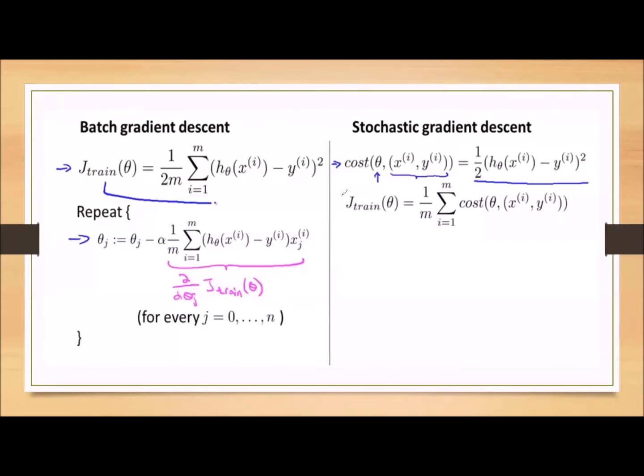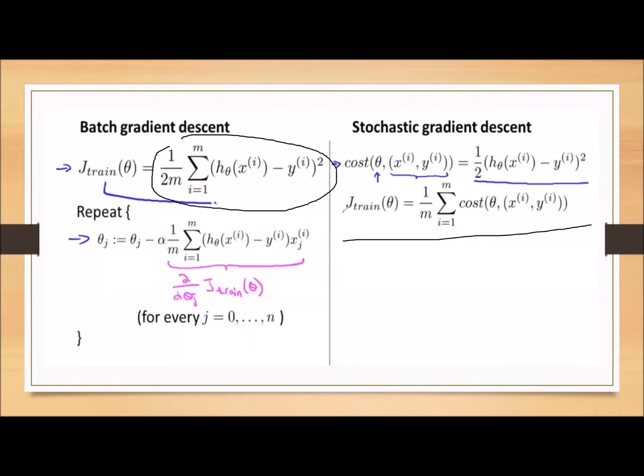First, we have to familiarize ourselves with the cost function for stochastic gradient descent. If you look closely, there is no difference between the cost function of batch gradient descent and stochastic gradient descent. The cost function for batch gradient descent is 1 by 2m sigma i equal to 1 to m of h of x minus y whole square.